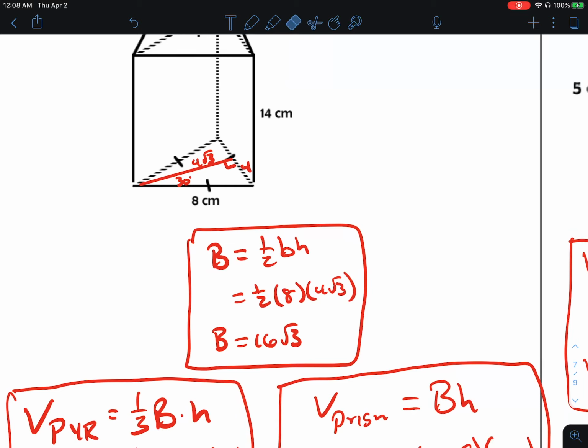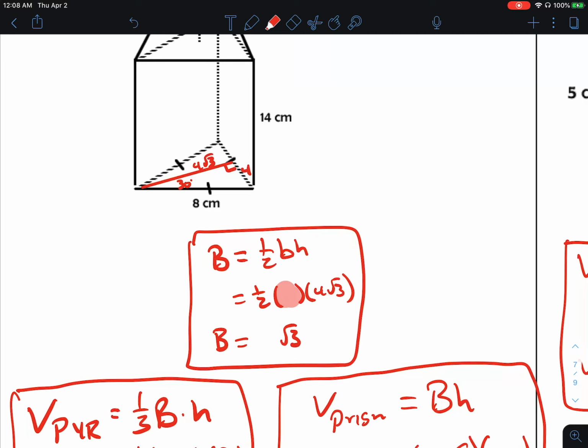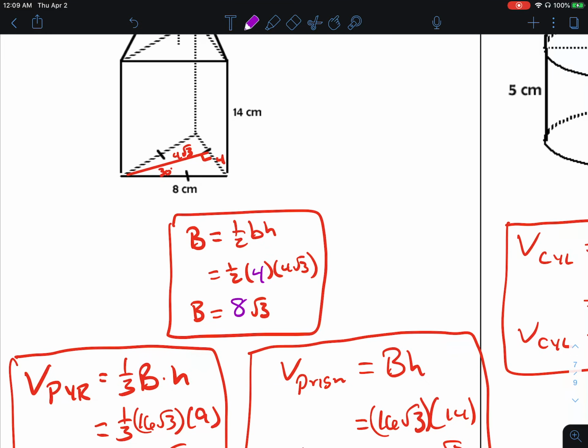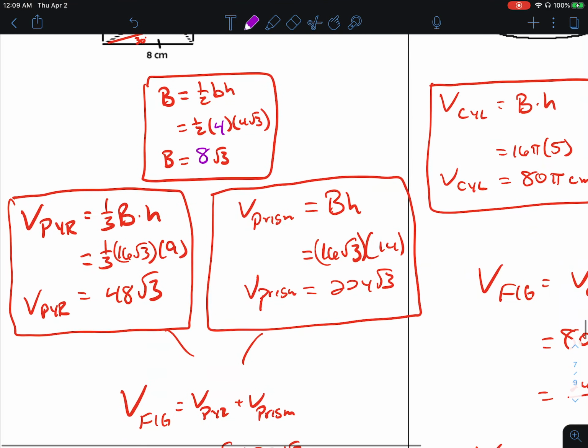Oh, that's not right. Got a mistake here. It's the second one. Good thing I'm doing this. The base is 4. It's going to be 4 times 4 is 16. 16 divided by 2 is 8. So that should be 8 square roots of 3, which changes this and this.